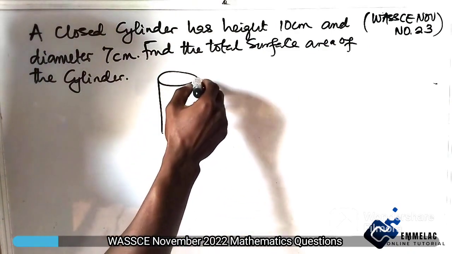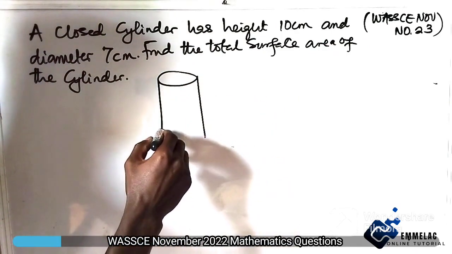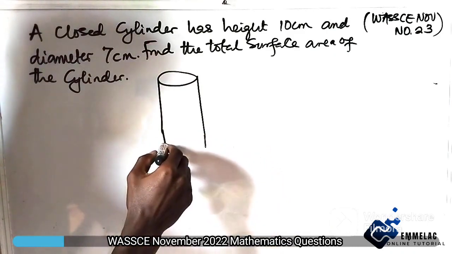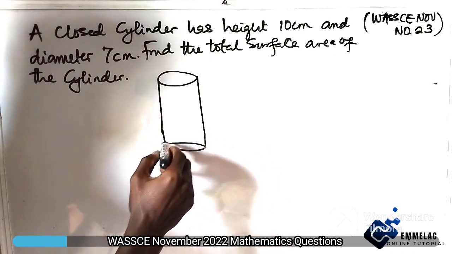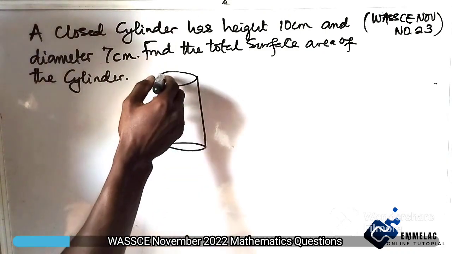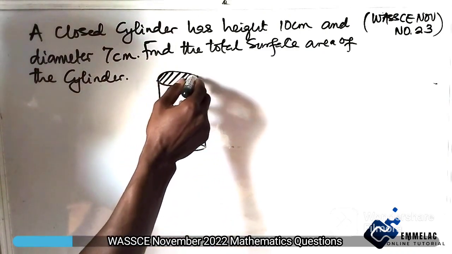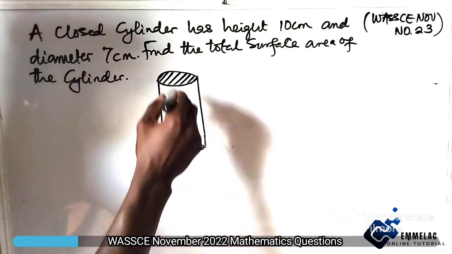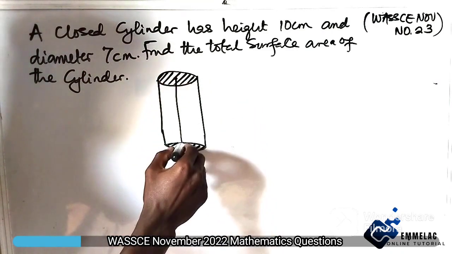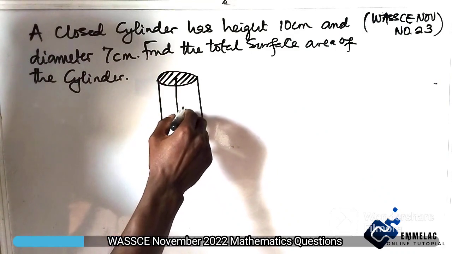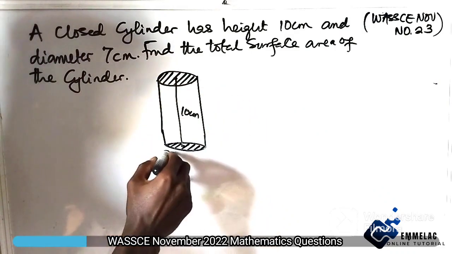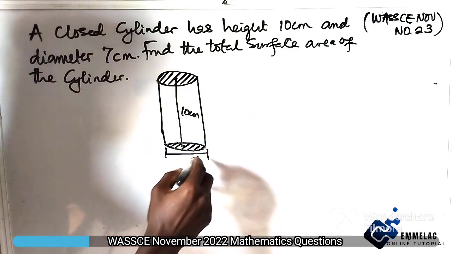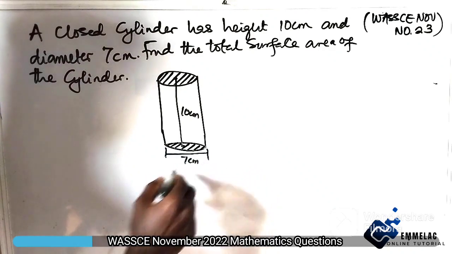I just want to draw this and explain how you could get the total surface area of a shape. And it says closed, which means here is closed and here is also closed. Now we have a height of 10 centimeter and a diameter of 7 centimeter.